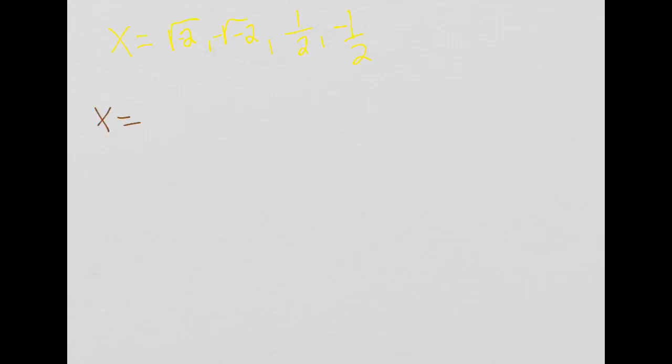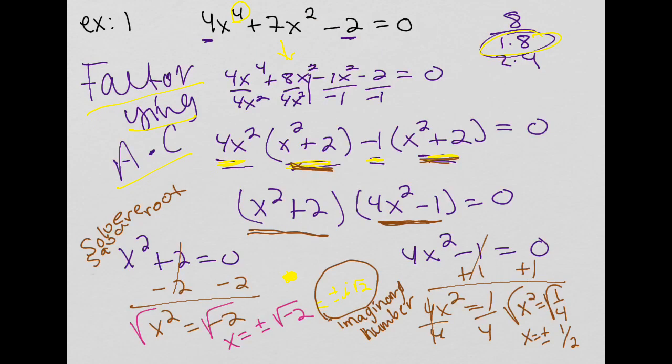Again, I can rewrite this as i square root of 2, negative i square root of 2, 1/2, -1/2. And those are the 4 answers. And you have 4 answers because the highest exponent, again, is 4. Let's see another example.